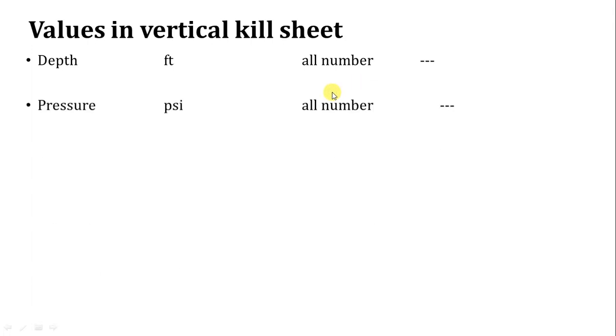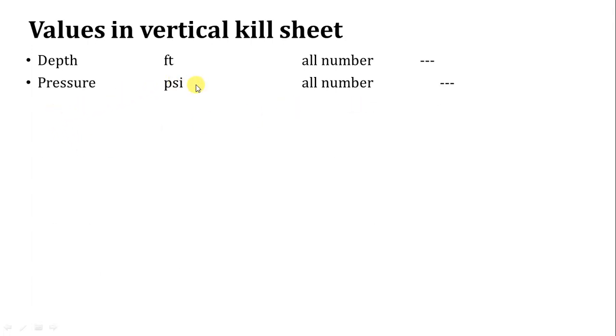Here are some values in the kill sheet, so you have to know if they are to be rounded up or rounded down. The depth in feet, you have to put as a whole number. There is nothing called, for example, 1000.5 feet. There is nothing like this. So it is a total number, 1000.